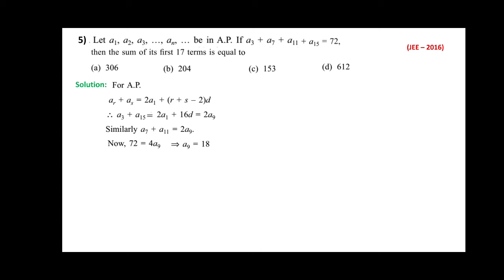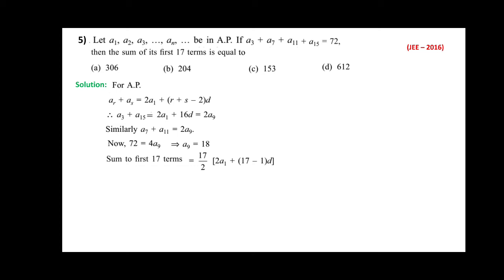Now we have to find the sum of the first 17 terms. That can be taken as 17 by 2 into the bracket of 2A1 plus (17 minus 1) D. Therefore, it will be equal to 17 by 2 into 2A1 plus 16D, and you can take 2 common. After taking 2 common, it becomes A1 plus 8D only.